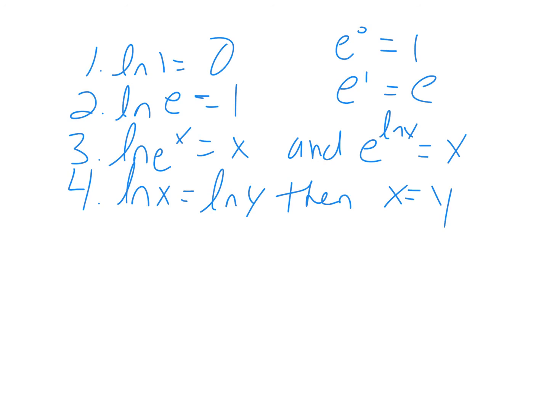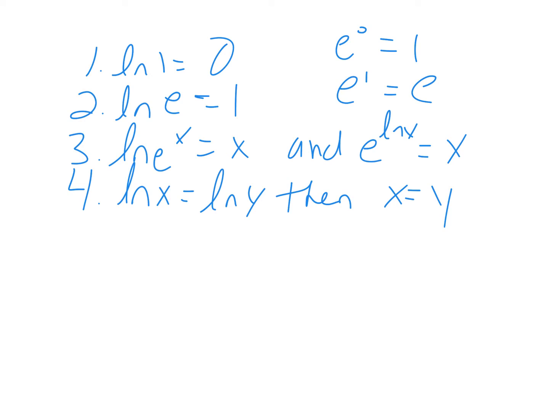Go draw them down. These first two, as before, are true because of this right here. So this is just kind of an explanation as to why this is always true. And the others should look very similar to your other log properties that you wrote earlier. They're just with ln and base e.